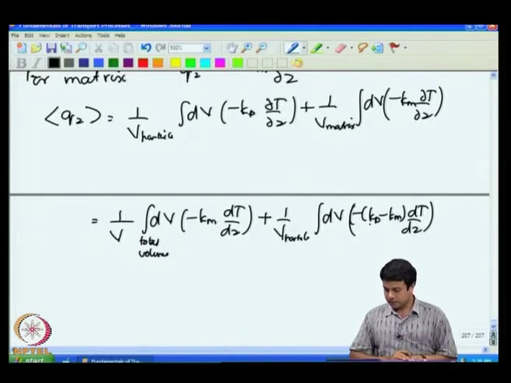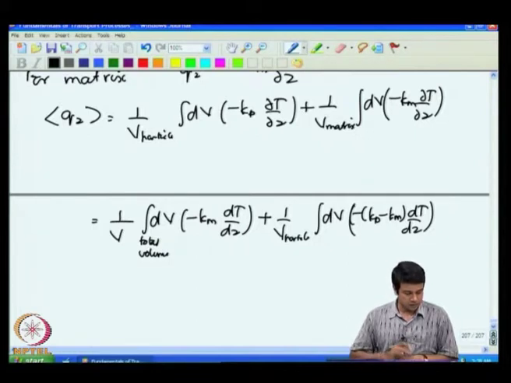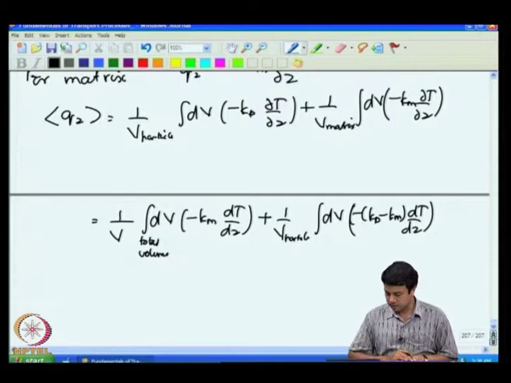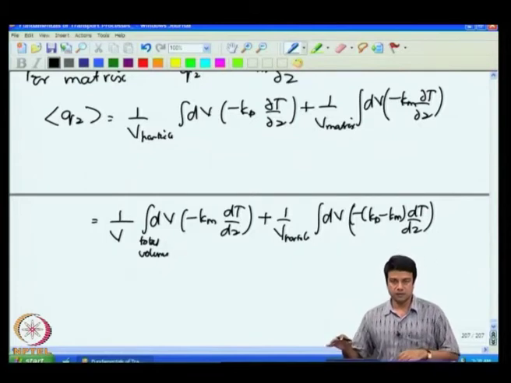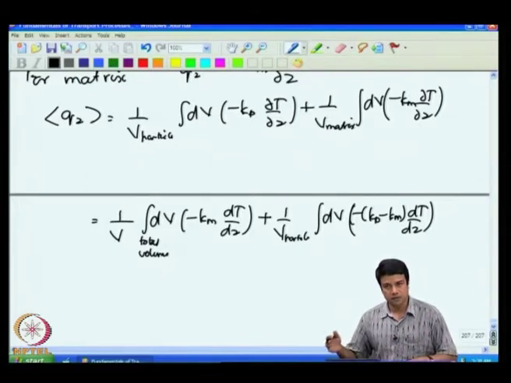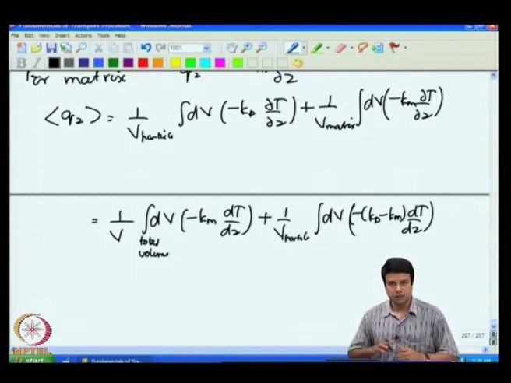So, I have written this as an integral over the matrix plus particles of Km dT by dz plus, over the particles alone, of minus of Kp minus Km dT by dz. So, there are two contributions, one due to the particles and the other due to the total volume. The particle contribution only contains the difference in the thermal conductivity between the particles and the matrix. You can see straight away from this that when the particle conductivity is equal to the matrix conductivity, there is no disturbance.